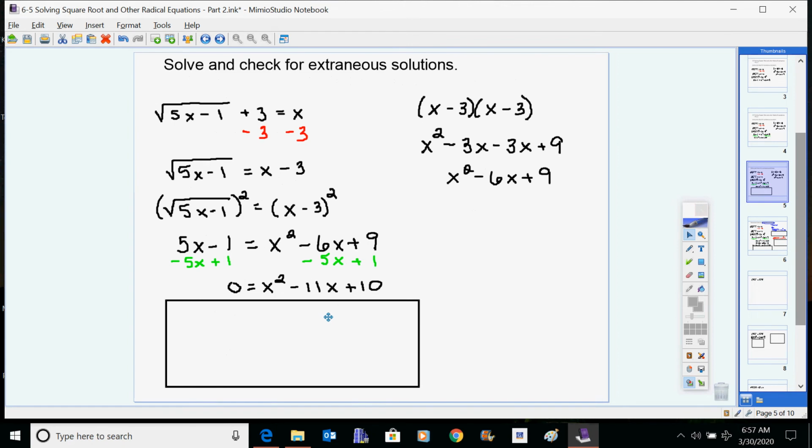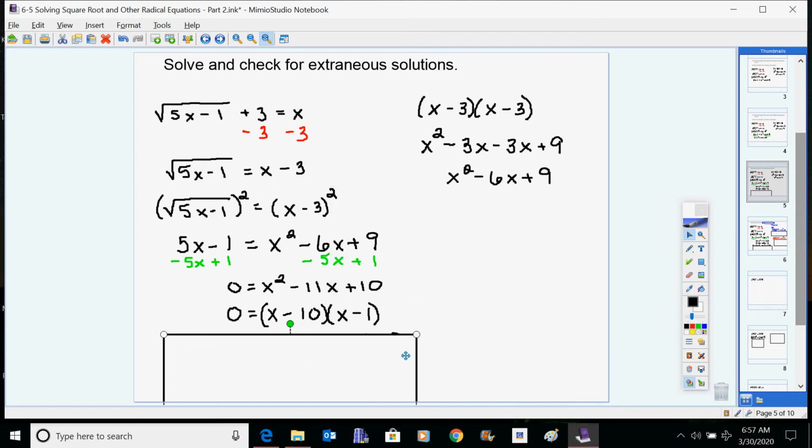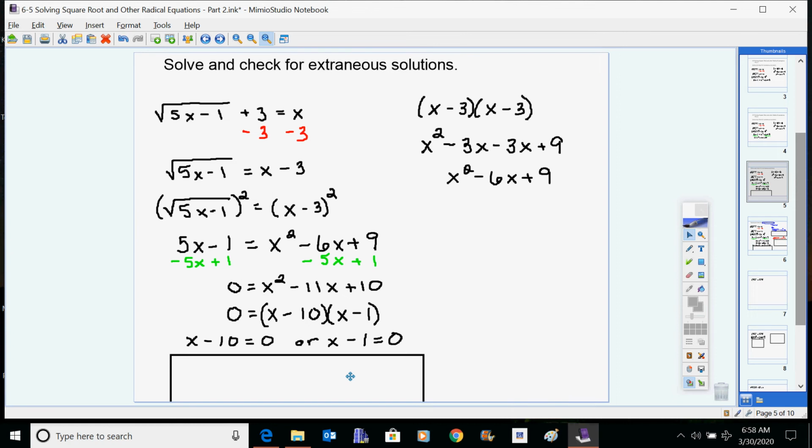You can use your little chart that we did in the past, but since this isn't the factoring lesson, you would look back on those things for factoring. But for right now, hopefully you remember that negative 10 times negative 1 gives you 10, but when you add them together, you get negative 11. So we've got that factored. So that would mean that x minus 10 equals 0, or x minus 1 equals 0. So x is 10 or x is 1.